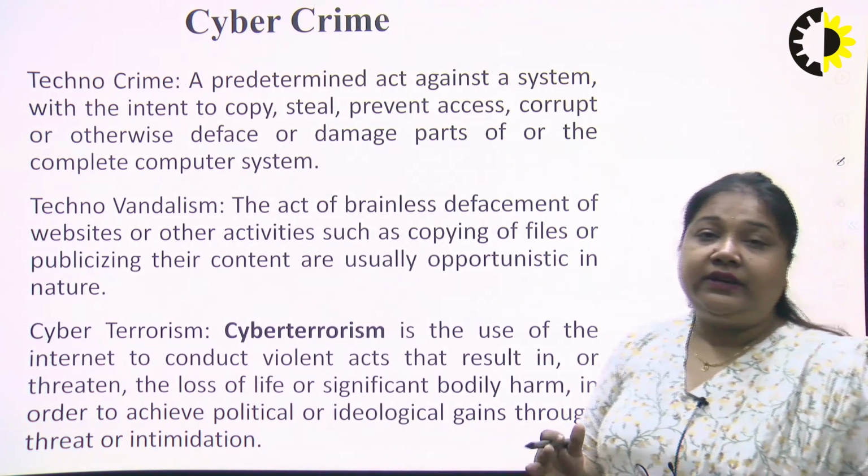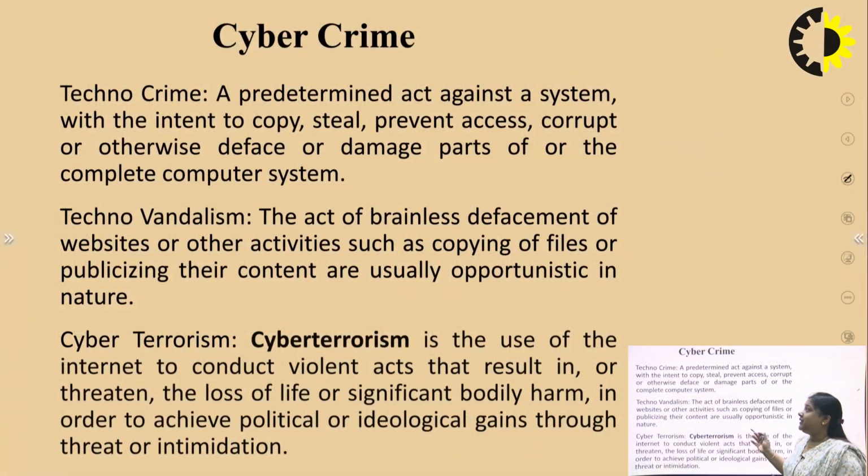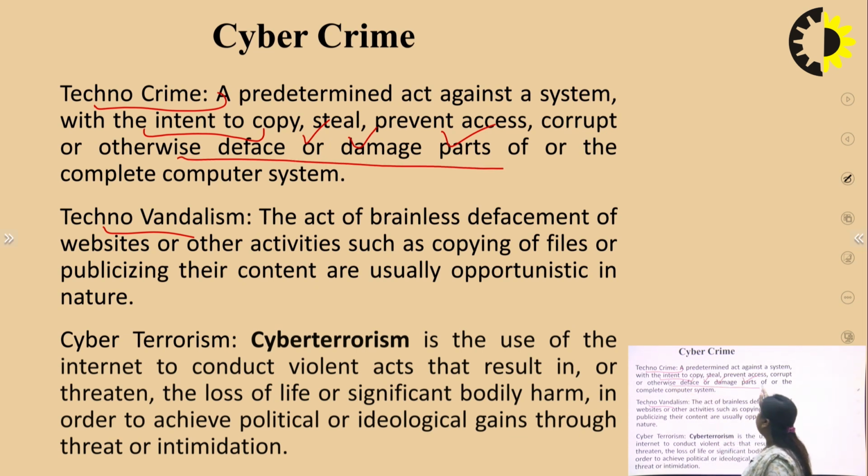Now we have different terms that we are going to discuss that have meaning with these cyber crimes. First of all, we discuss technocrime. What is technocrime? This is a predetermined act against a system with the intent of the hacker to copy or steal data, prevent access, corrupt or otherwise deface or damage parts of the complete computer system.